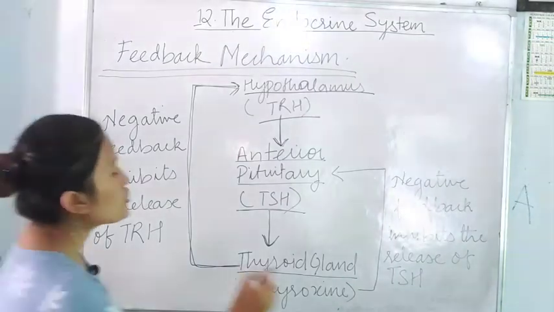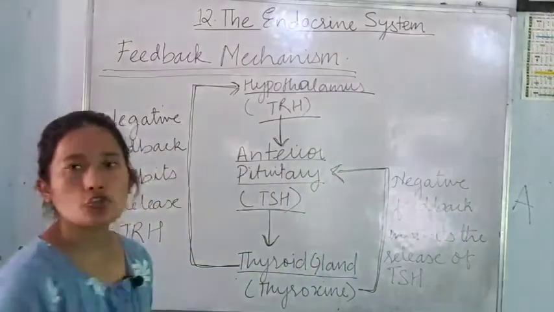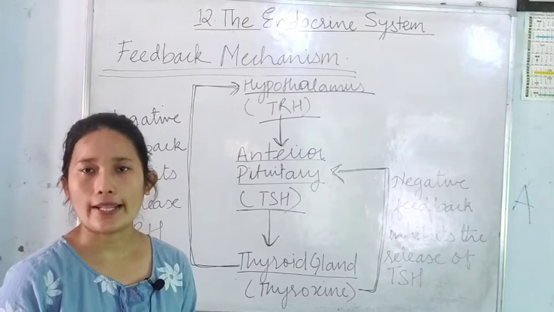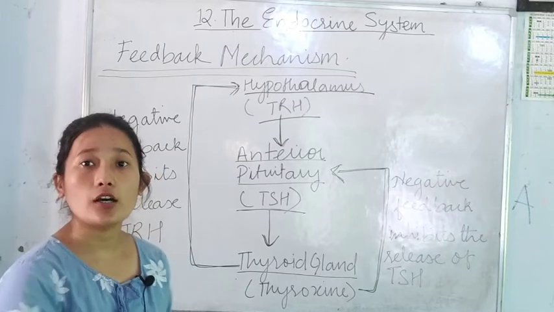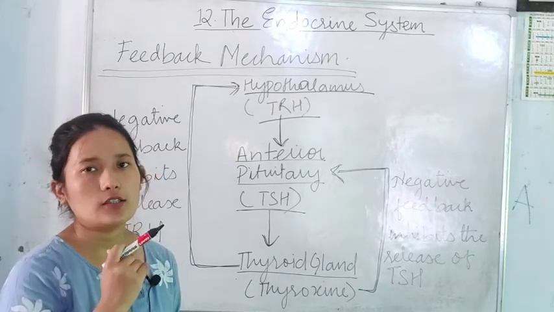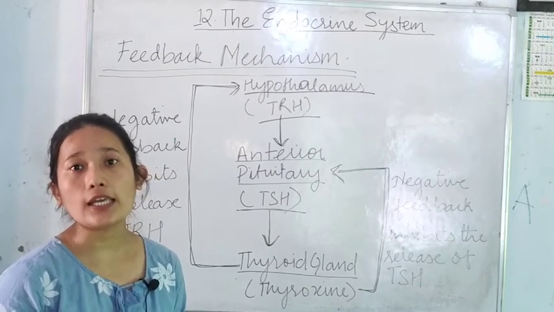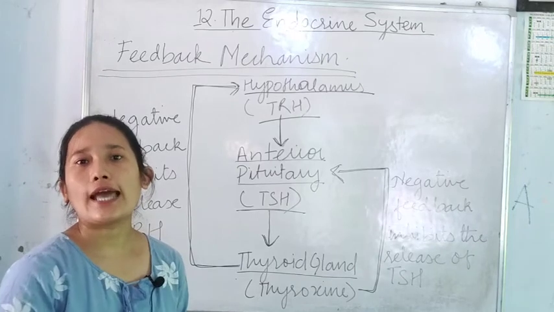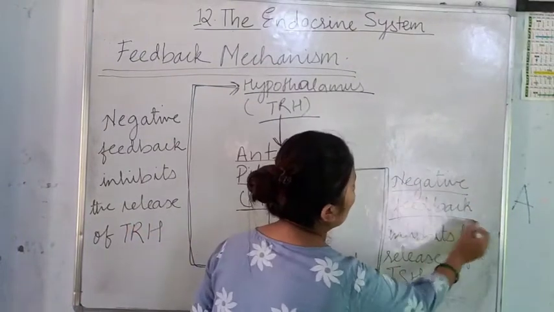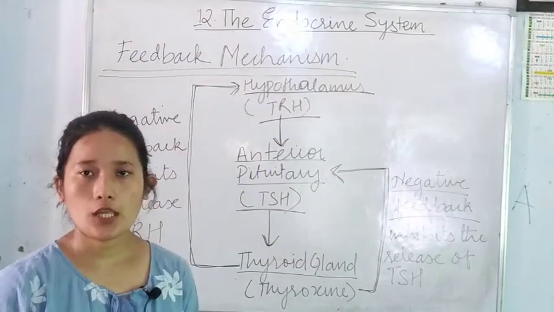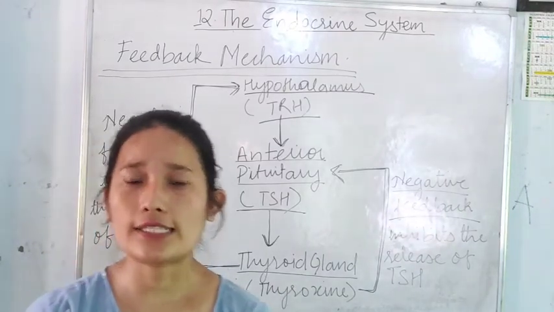It also sends feedback to the anterior pituitary to stop its function for a while. So this is referred to as a feedback mechanism. Here the presence of more thyroxine in the blood itself is regulating the other glands to stop their function. So this is known as your negative feedback mechanism.